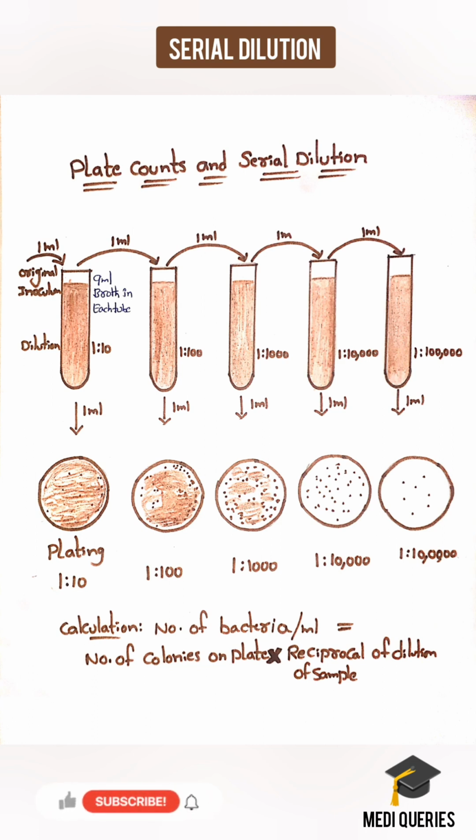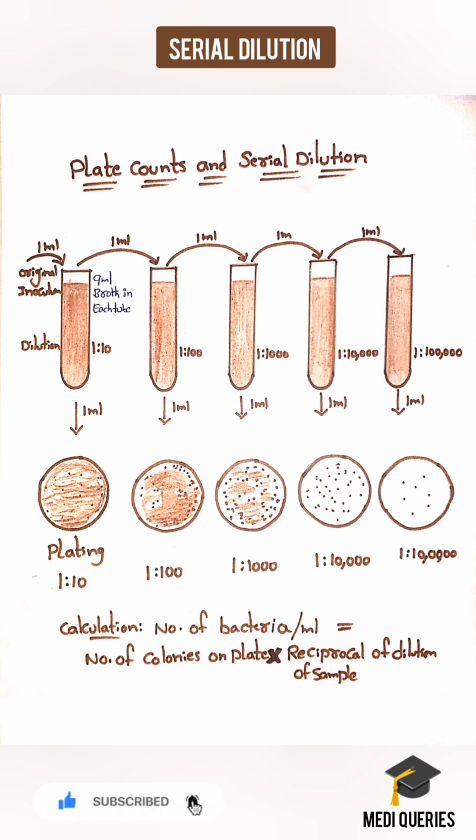So another serial dilution could be made. That is, 1 milliliter containing 1000 bacteria would be transferred to a second tube of 9 ml of water. That is the second dilution. So here each milliliter of this tube would now contain only 100 bacteria.